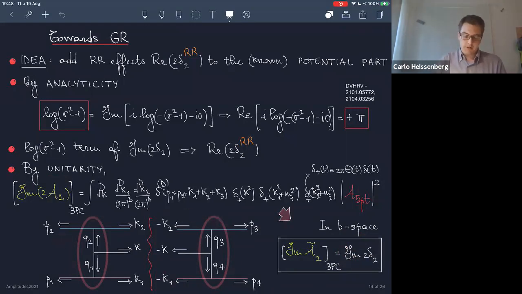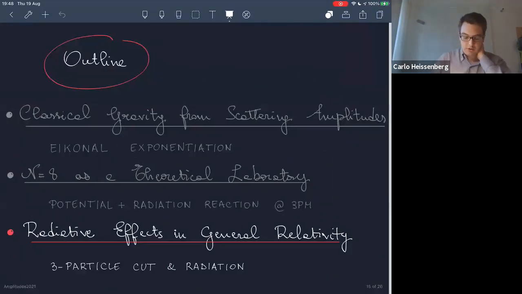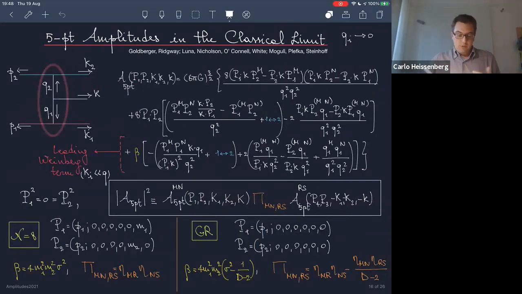So this 3-particle cut involving 3-level amplitudes to disorder that I'm drawing here. In the last part, I will try to illustrate these type of calculations. The first ingredient we need is this 5-point amplitude I'm talking about here. I'm just showing it for concreteness. Of course, I don't want to enter too much into details. So we basically need this amplitude.